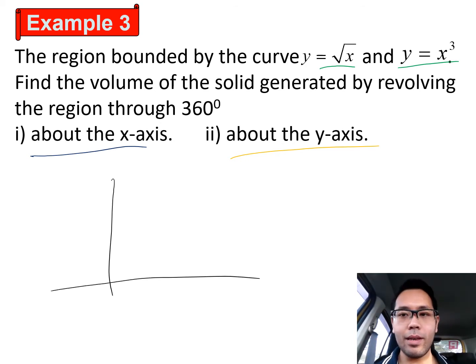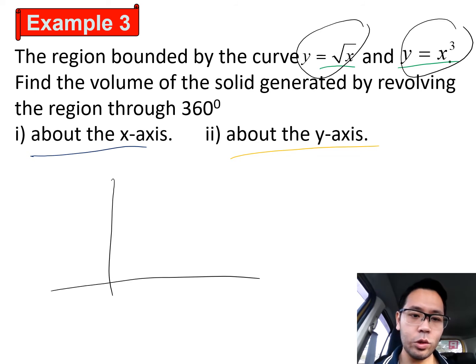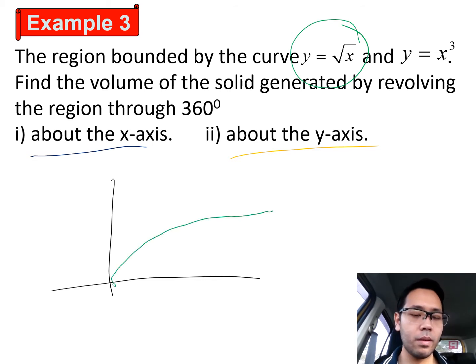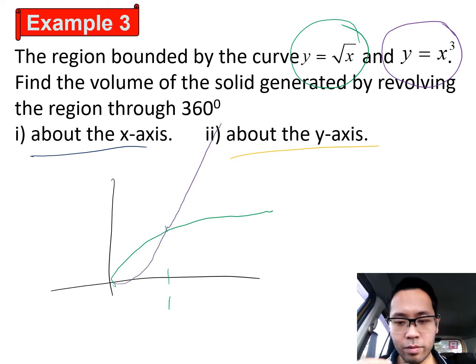Okay, x cubed, and before 1, square root is faster. Yes, we make different color for 1. Before 1. After 1, the cube is faster.